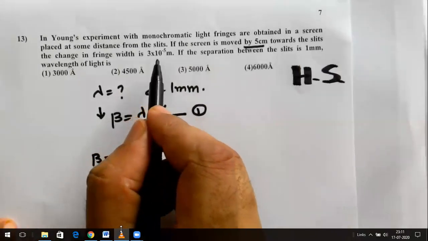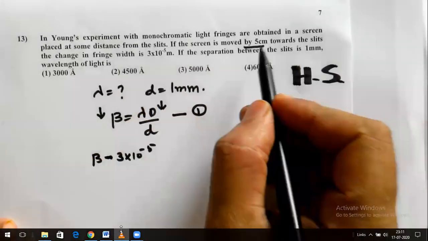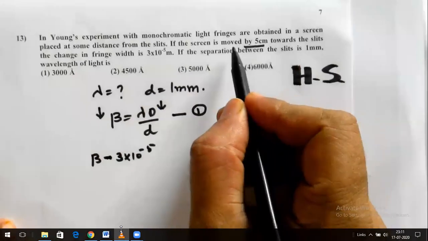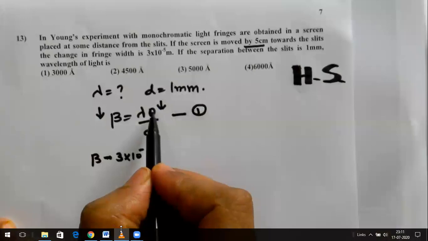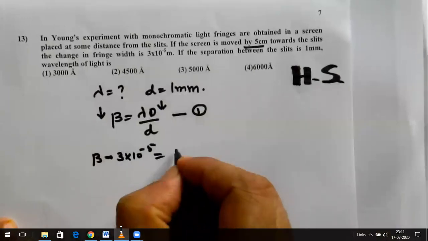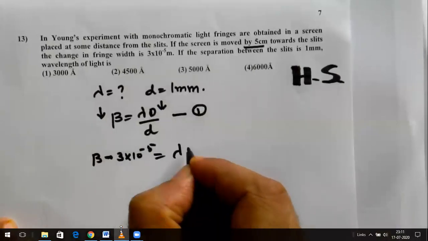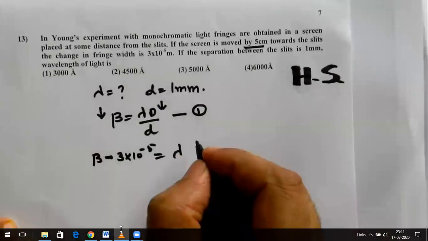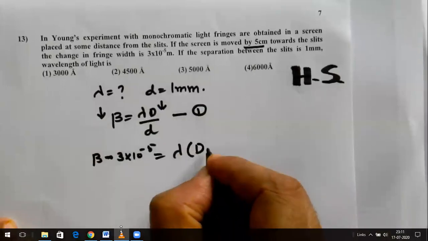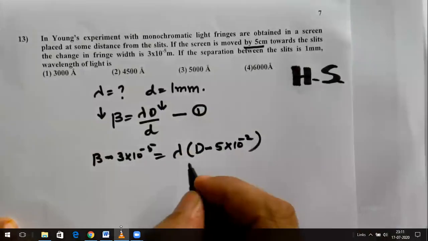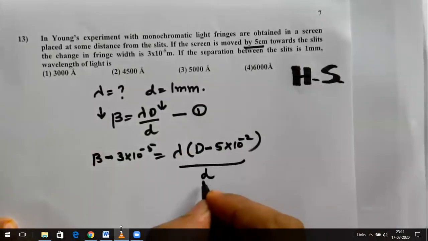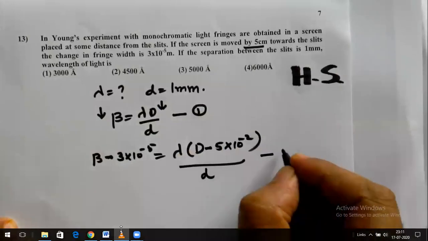We have come to the conclusion that it is decreasing because the screen is moved towards the slits. That means capital D is decreased. So beta should decrease. That is equal to the same wavelength lambda is used, and capital D, the new value, is D minus the old one, 5 centimeter, divided by small d, which is not at all changed. So this is equation 2.